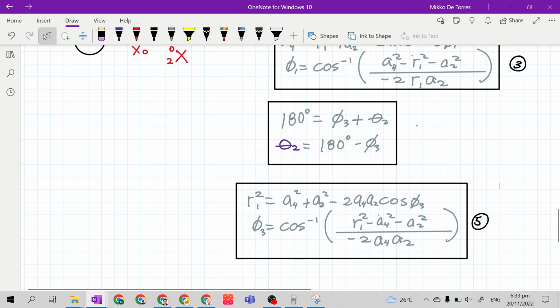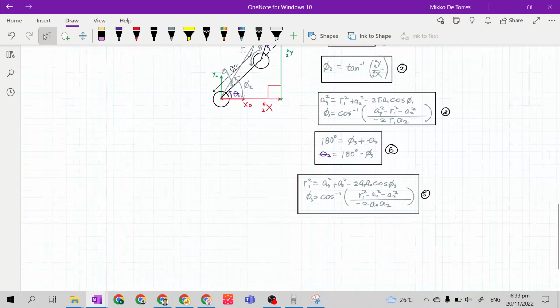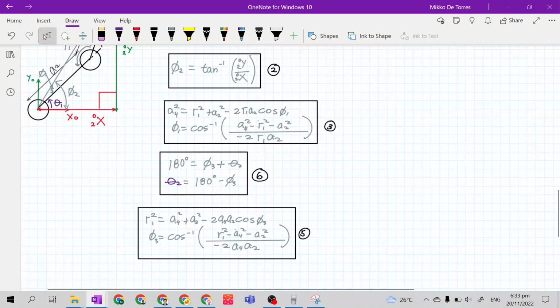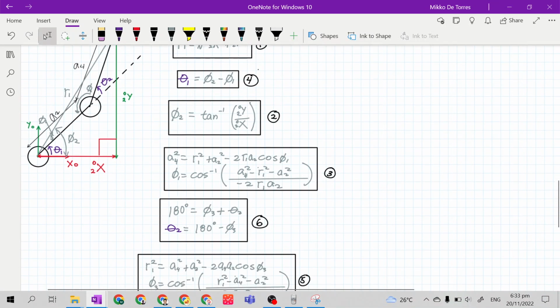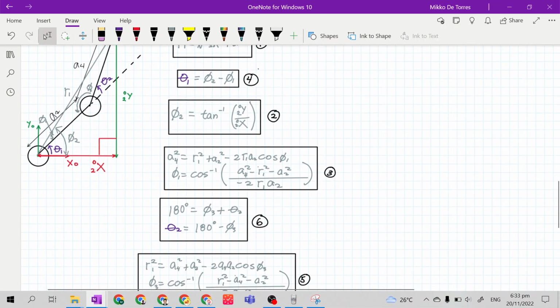Then the last number is number 6, for our theta 2. So, using these equations or solutions, we can now solve for theta 1 and theta 2.